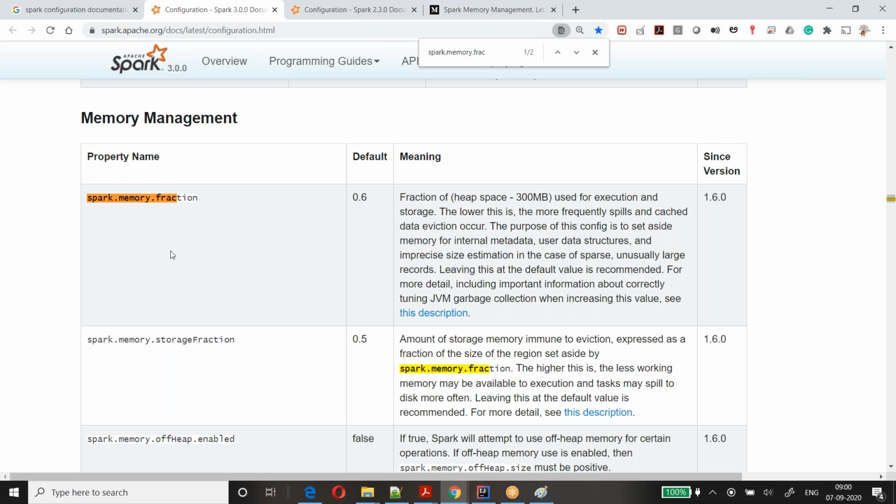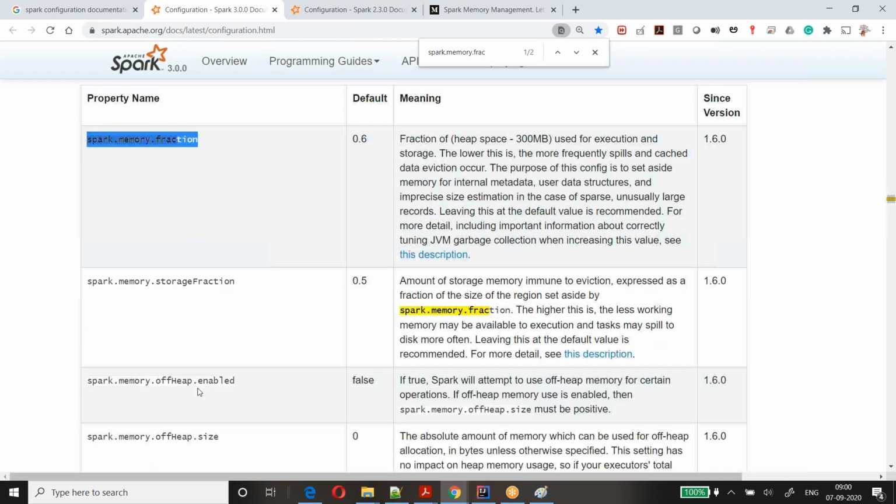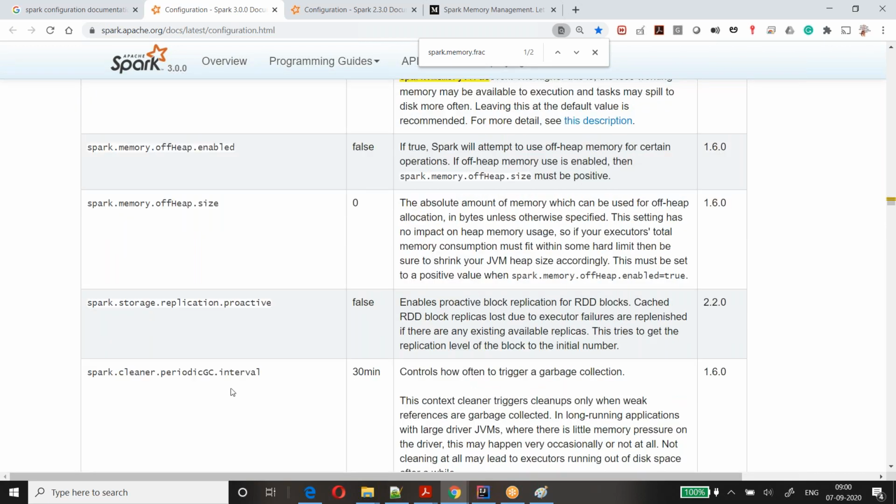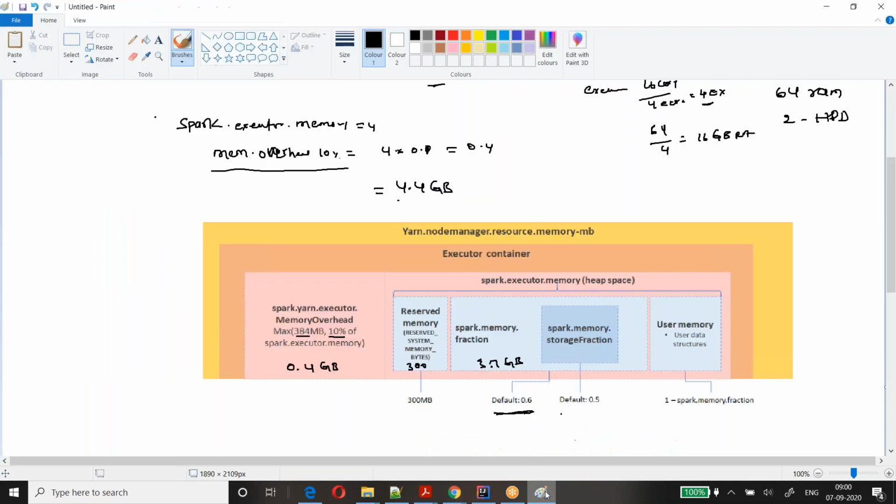So far, I have talked about the Spark memory fraction, Spark memory, and execution memory only, right? I just want to give a little heads up.